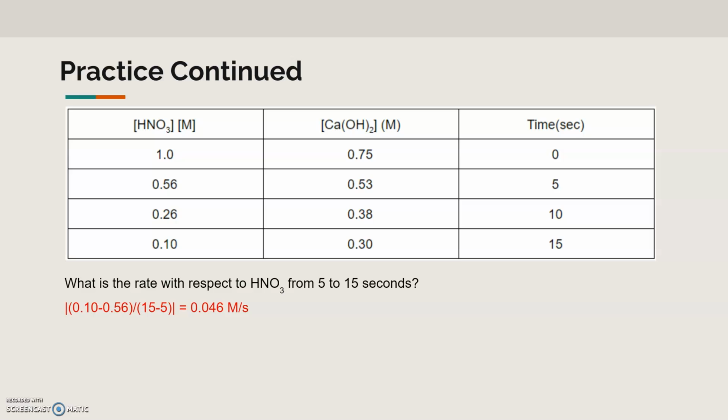We close the parentheses and divide by 15 seconds, which is the ending time, minus 5 seconds, which is the beginning of the time we are concerned about in this practice problem. Close with parentheses on either side of the time and place an ending absolute value sign. Once this is in our calculator, we solve it to obtain 0.046 molarity over seconds.